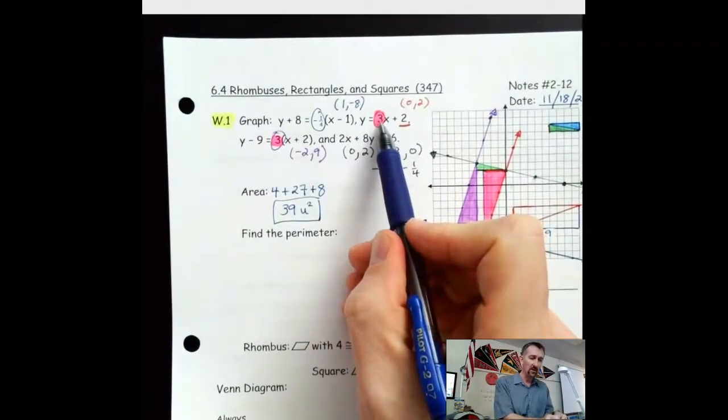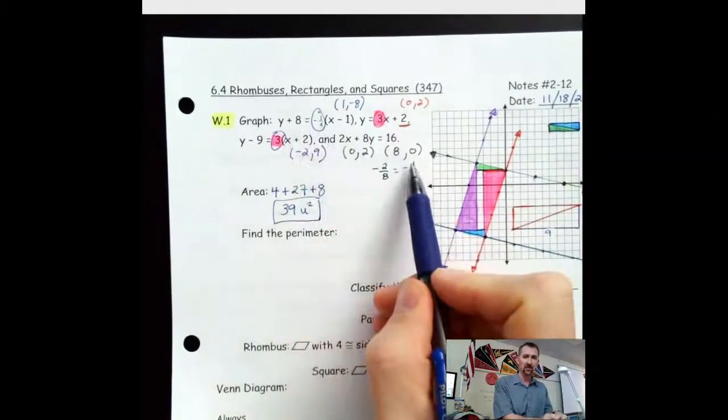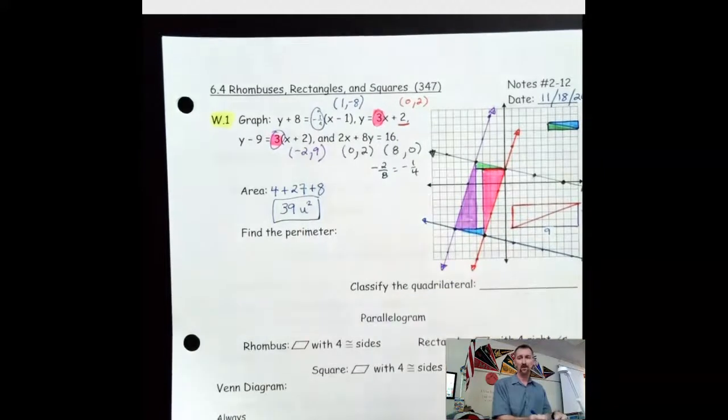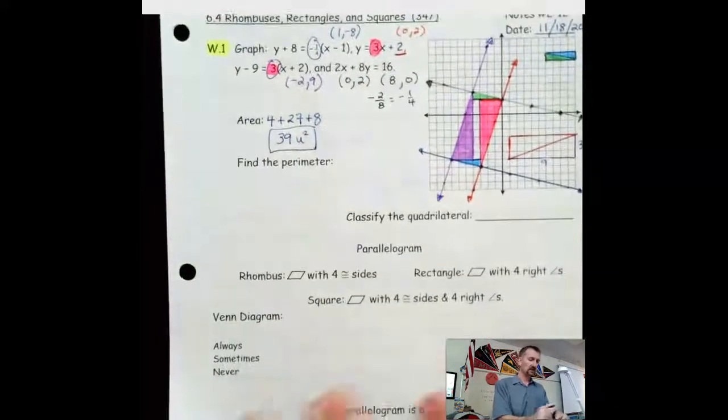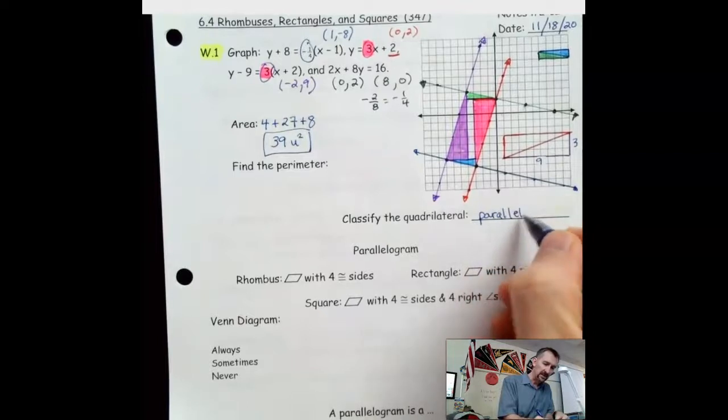But that's not a right angle. That's an obtuse angle. So remember, to be a right angle, the slopes have to be opposite reciprocals. So this would have to be 4, or that would have to be negative 1/3. These would both have to be negative 1/3, or these would both have to be 4 to get opposite reciprocals. So it's not a rectangle, so that means it's a parallelogram. Opposite sides are parallel.